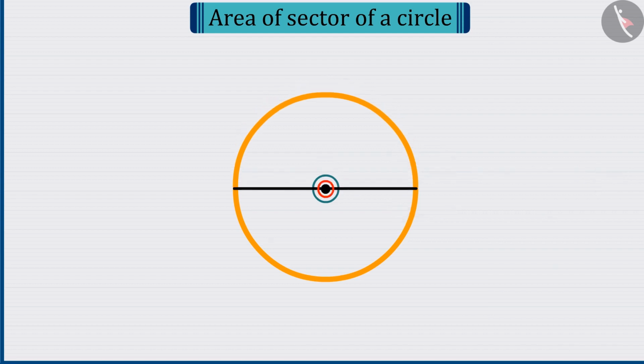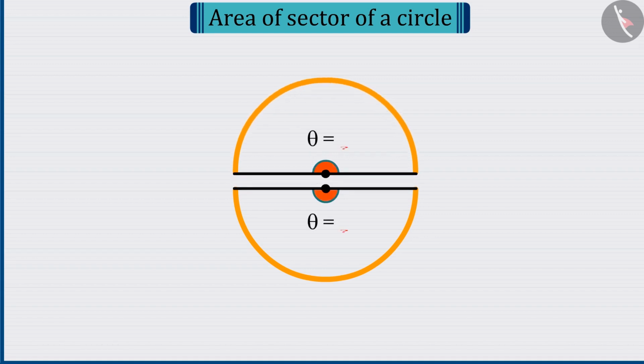You must remember that the center of the circle has a 360-degree angle. So can you now tell how many degrees will be at the center of a semicircle? Absolutely correct. Half of 360 degrees, that is 180 degrees.